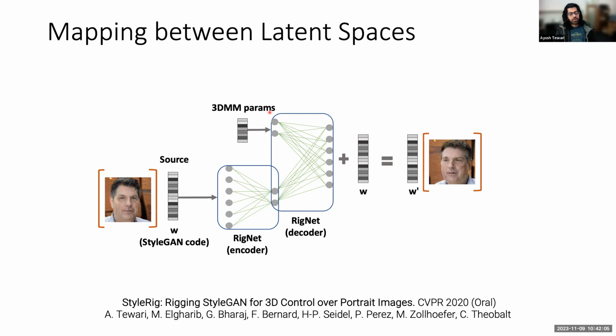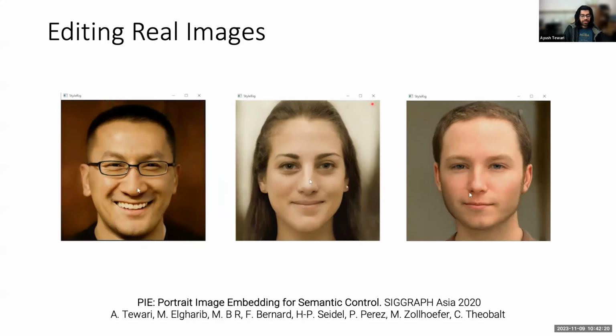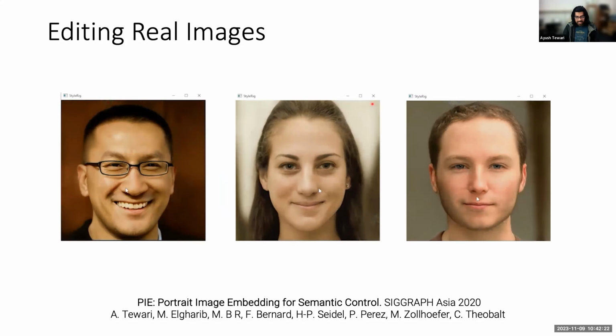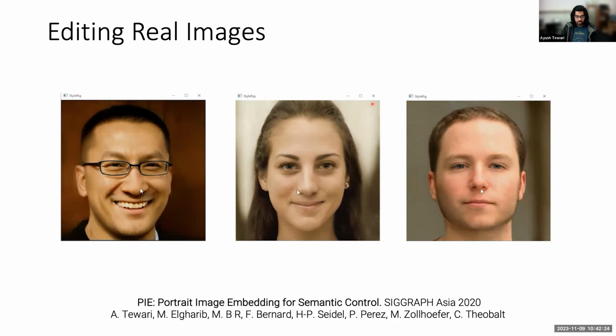I'm not going to go into detail, but you can look up the details if you're curious, or just ask me more about it. But the high-level point is that you don't need any supervised data to train these mapping networks. You can train them self-supervised by keeping the models fixed. Once you do that, you can take real images, embed them in the StyleGAN latent space, and you can get control like this.